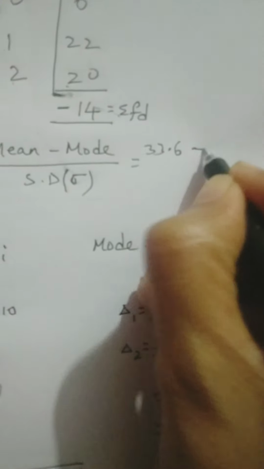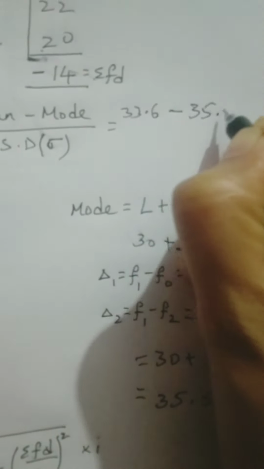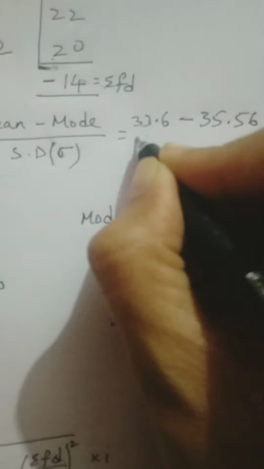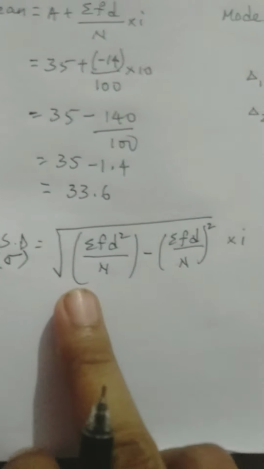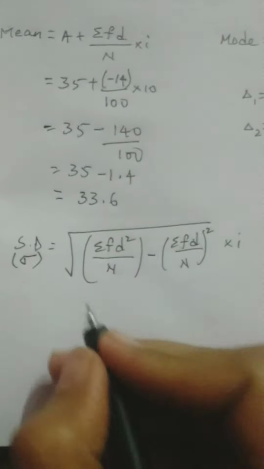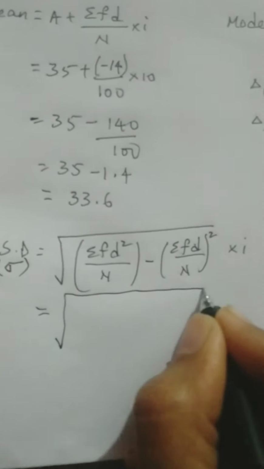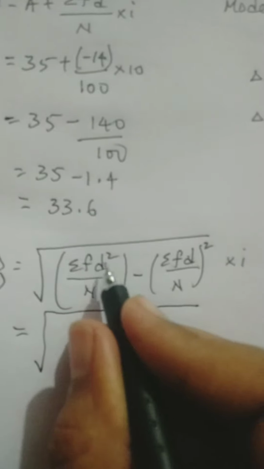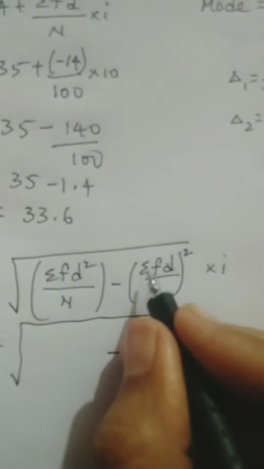I have minus what? 35.56 divided by, what is the standard deviation formula, students? This is the standard deviation formula. What are the things I am having? In this I don't have FD square. Minus, I will write here, I have summation of FD.